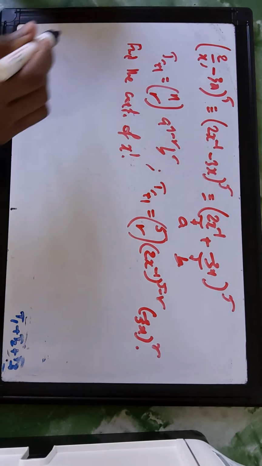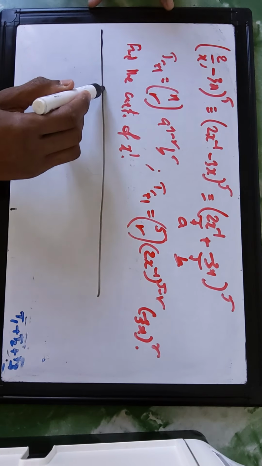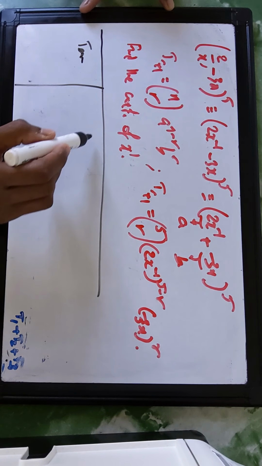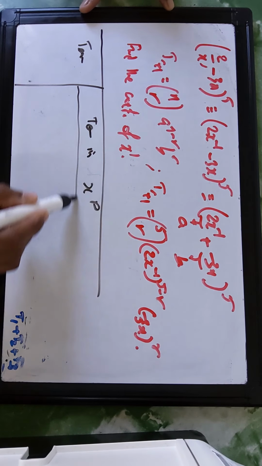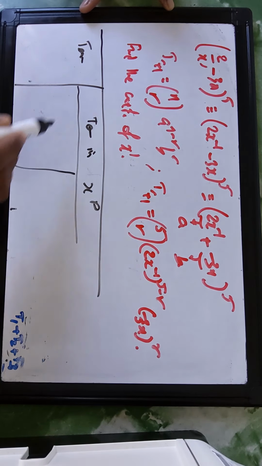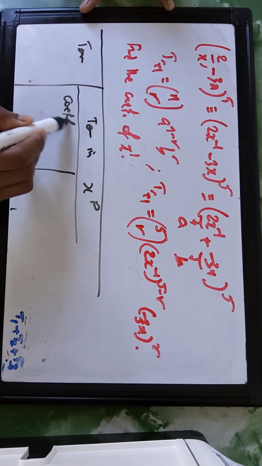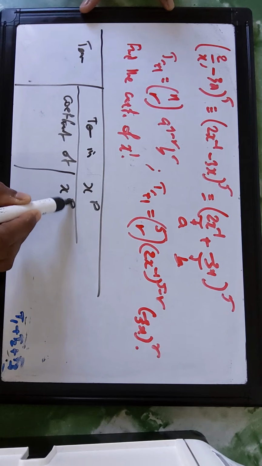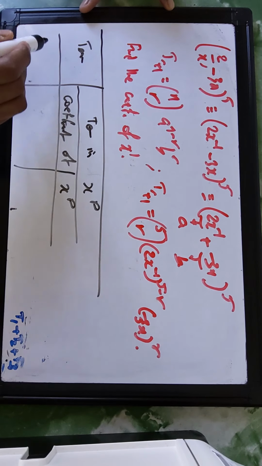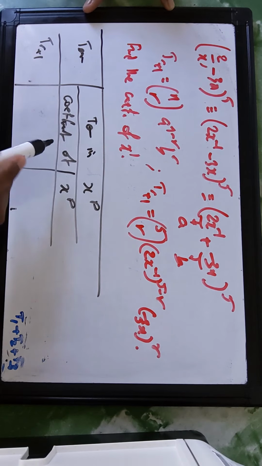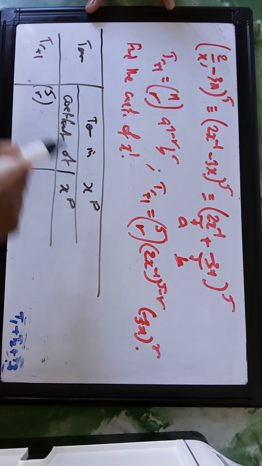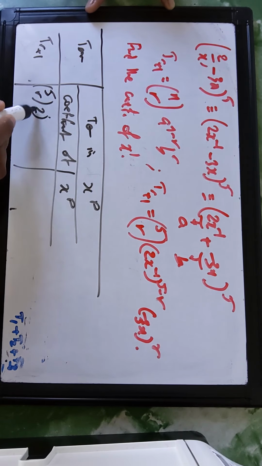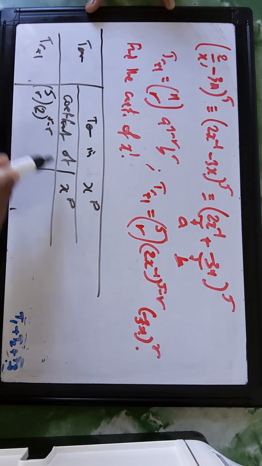So we go about it in tabular form. A term in x to the power of p, we split into two parts. We have the coefficient and the power of x to the power of p. For the general term T(r+1), for the coefficient we take only the values: 5Cr, then 2 to the power of 5 minus r, and minus 3 to the power of r.